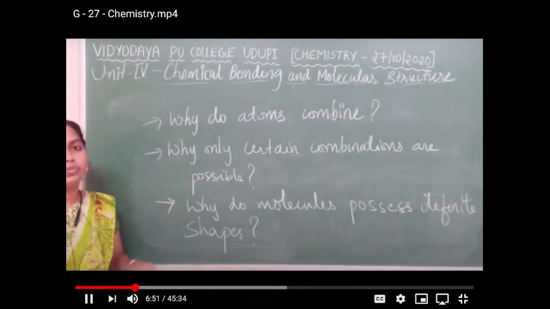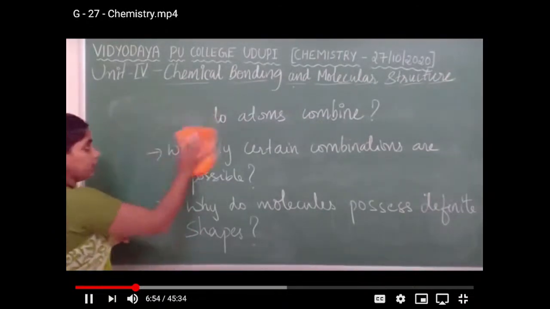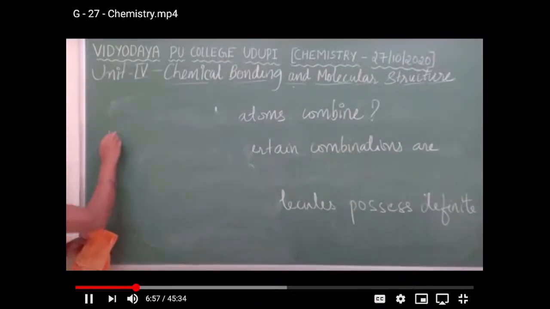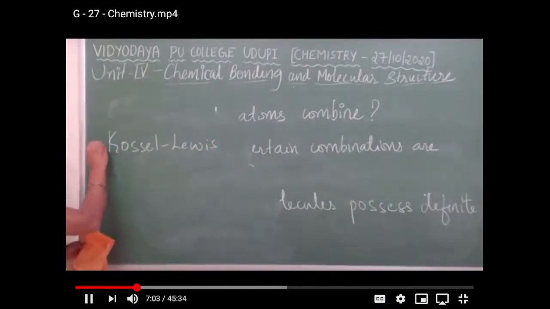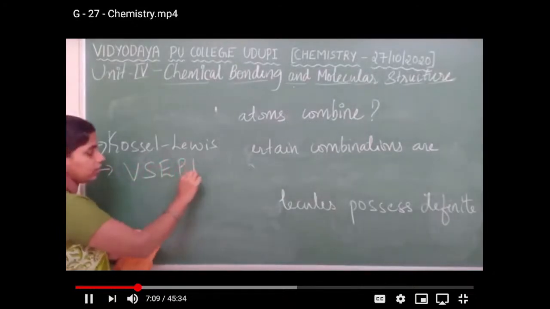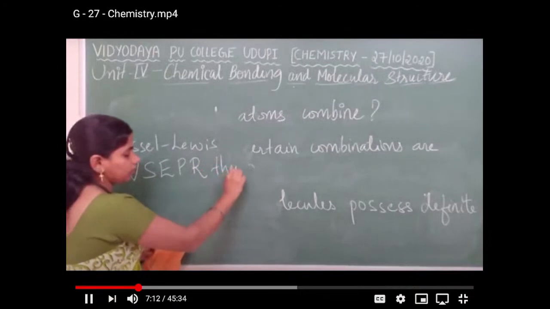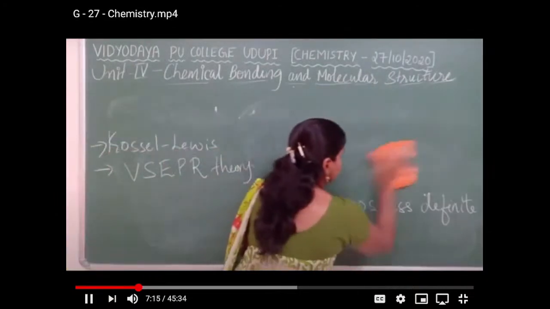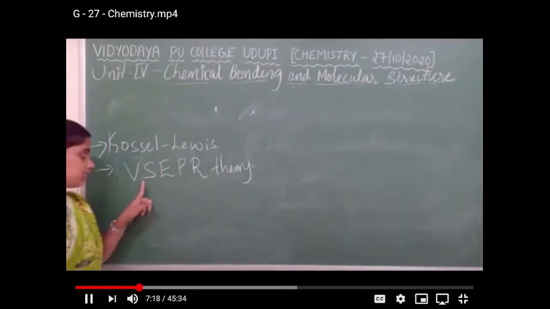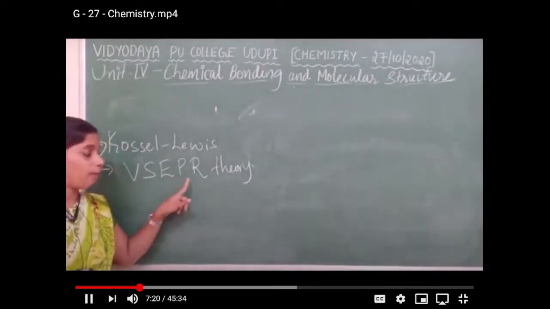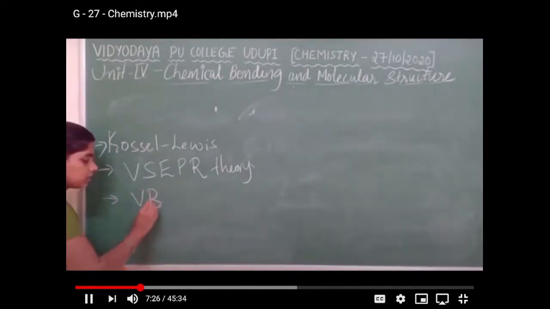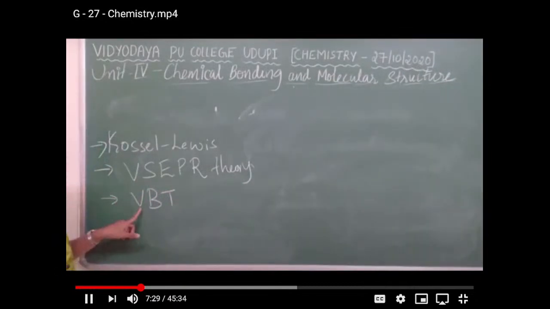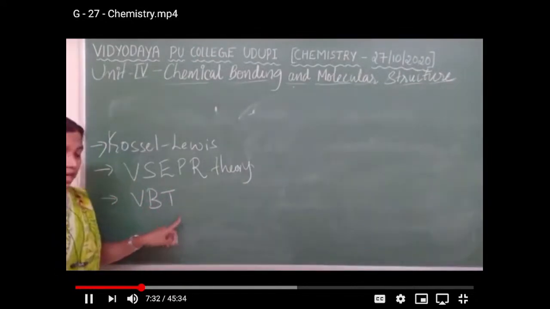There are various theories we have to study in this chapter. First one is the Lewis approach. Next is VSEPR theory, that is valence shell electron pair repulsion theory. Next is valence bond theory, simply called VBT.